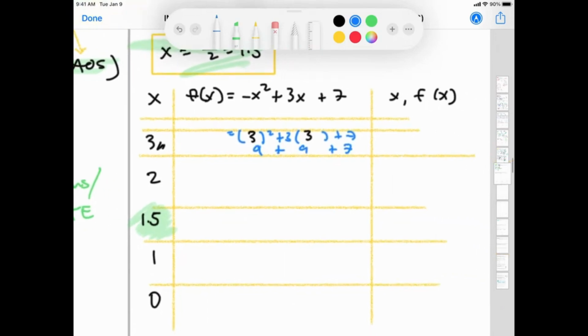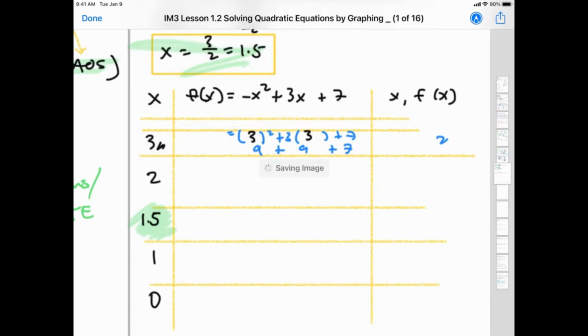So this would give us 18 plus 7 is 25. But wait, did you guys see what I forgot? Super important: the negative. So 3 squared is 9, the opposite of 9 is negative 9. Negative 9 plus 9 is 0, and that will give us 7. So our answer is 3, 7. Okay, let's keep going.